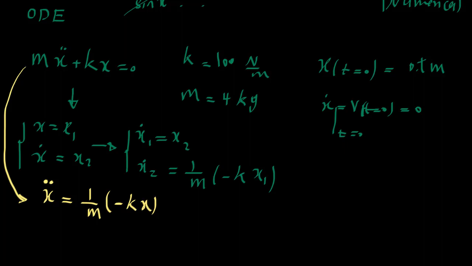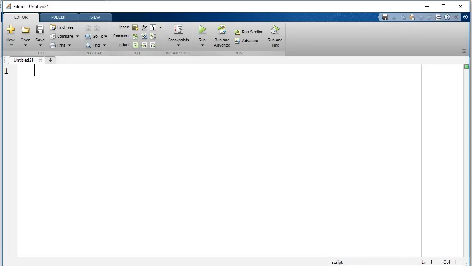So here I would say clear all to start, close all, and clc. The spring constant was 100, so K is equal to 100. The mass of the particle was 4 kilograms, so M is equal to 4. A good practice is to comment on what the units of these parameters are, but because this is a simple equation, it's not necessary here.